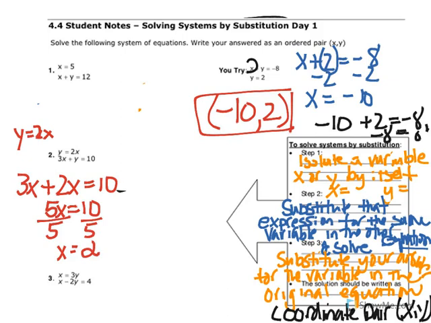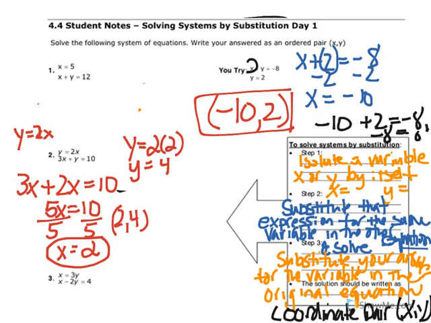Now that I know that x equals 2, I can take this 2 and plug it in to the equation above. So we'll say y equals 2 times 2. So you get y equals 4. And there's our solution, 2 comma 4.